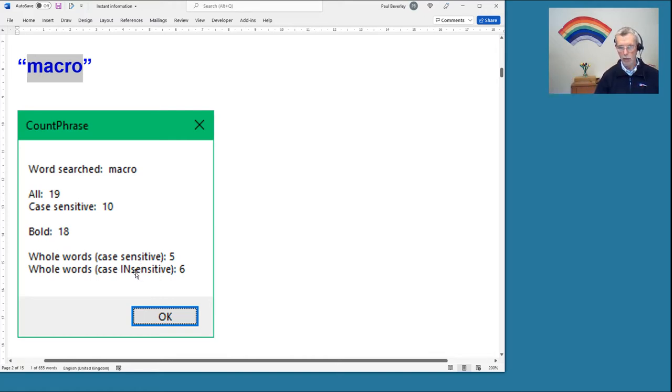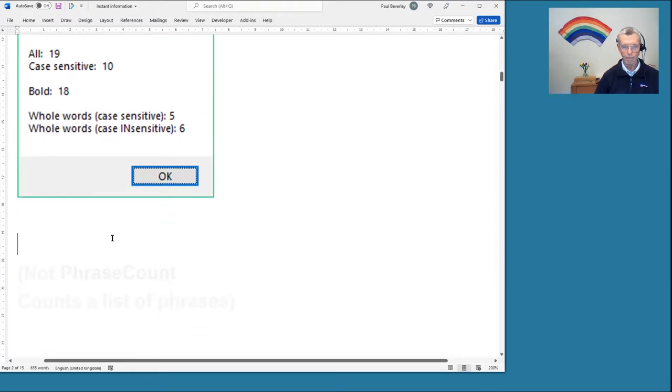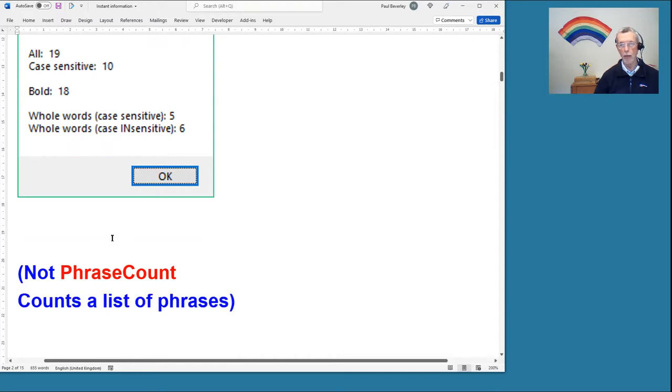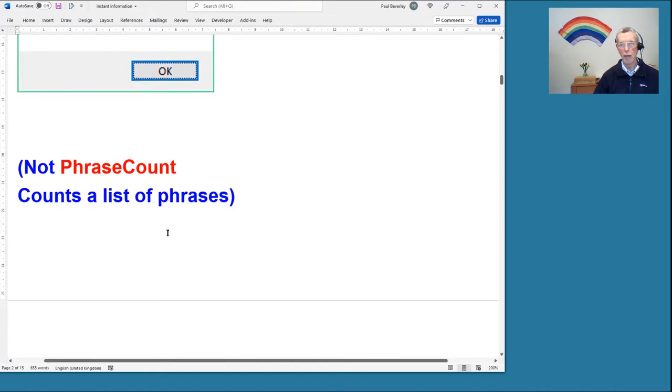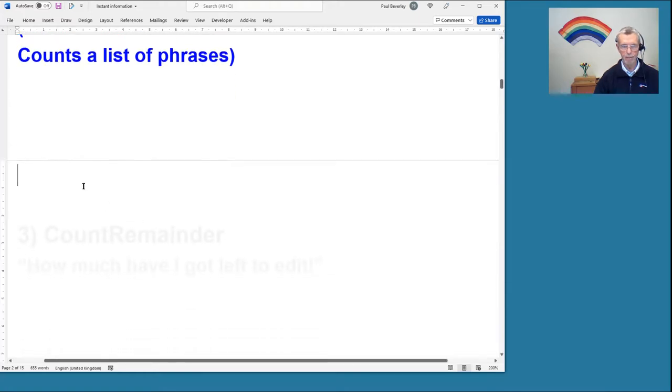It checks that both sensitively and insensitively. This, by the way, is not to be confused with Phrase Count. This one is Count Phrase, because with Phrase Count, you give it a list of phrases and it counts how many times each of those phrases occurs. This is a sort of an instant one.